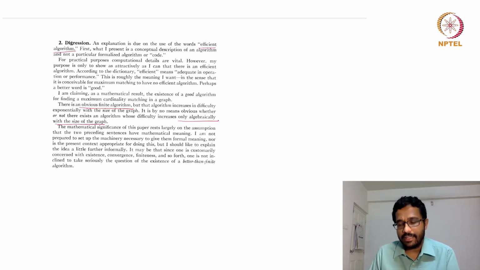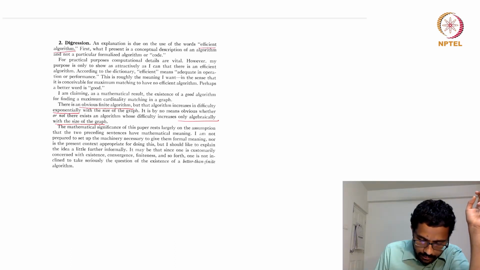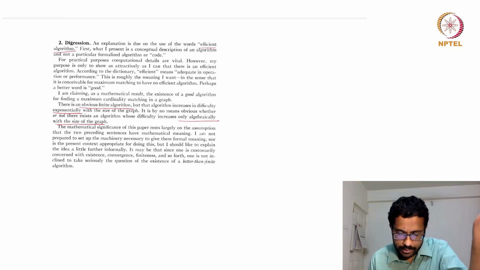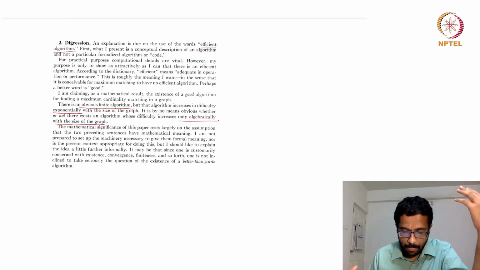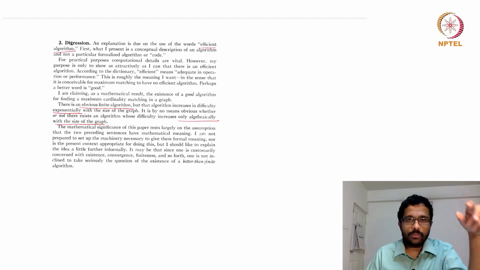Algebraically is another word for polynomially, even though it's not so commonly used now. So he knows there is an obvious finite algorithm which runs in exponential time. He's asking whether there is a polynomial algorithm, and then he goes on to explain why an algebraic or polynomial time algorithm is better, with a bit of further discussion.